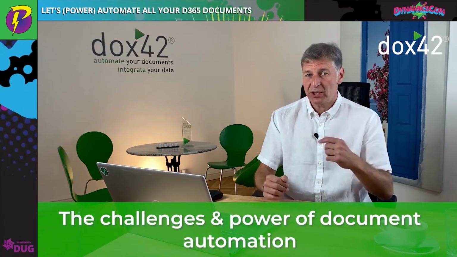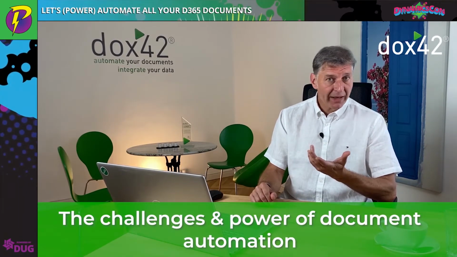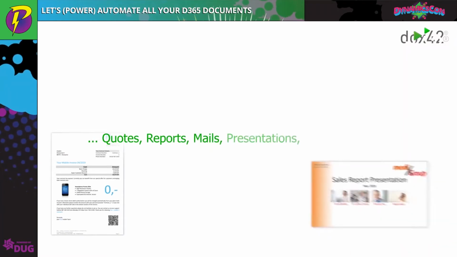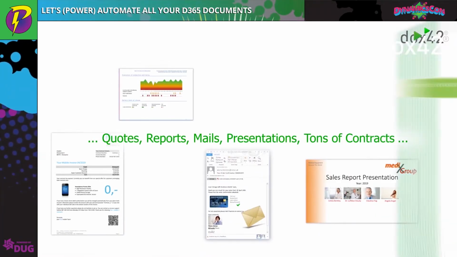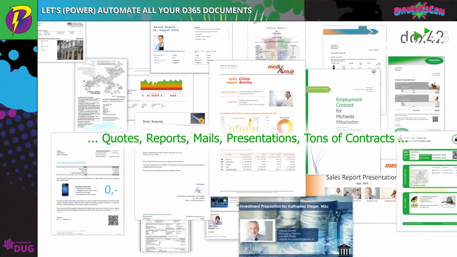So why is document automation essential on the Dynamics 365 platform? Every company, every organization is creating tons of contracts, presentations, offers, any kind of document every single day. And many of these documents require quite a bit of complexity.